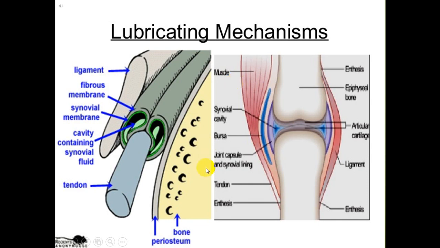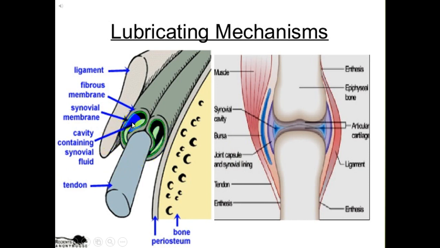Then when the muscle tendons are passing under cover of a fibrous sheath, for example the fibrous sheath present in the digits, which we have already studied in the upper limb and lower limb also, the muscle tendons are surrounded by, or better to say that they are invaginating, a synovial sac, which is called the synovial sheath.